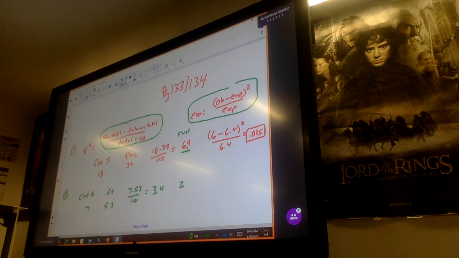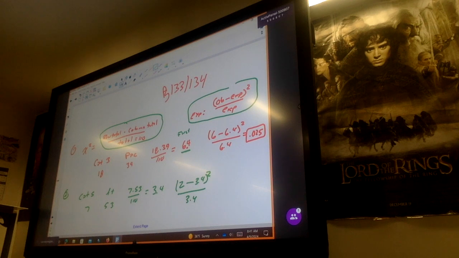Alright, and you guys who just came in, we're on 133. So that's gonna be 2 minus 3.4, squared, divided by the 3.4. Is my top one right? 6 minus 6.4 squared, divided by 6.4, right?